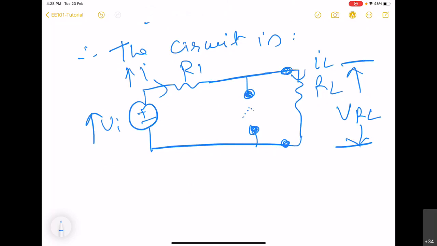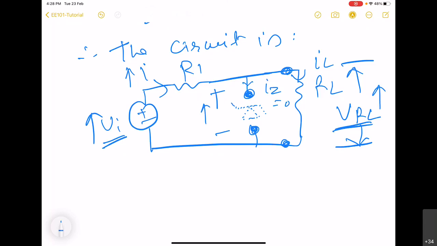Which is kept here, but currently it is off, right? So when this Vi increases, this VRL increases, and the voltage across Zener also increases. So there is a lower limit beyond which VRL will become equal to VZ, and in that case Zener will switch on, and then there will be IZ current also. Before that IZ is going to be 0.